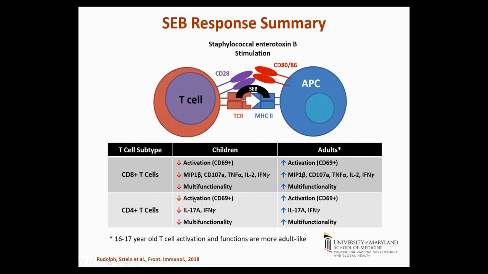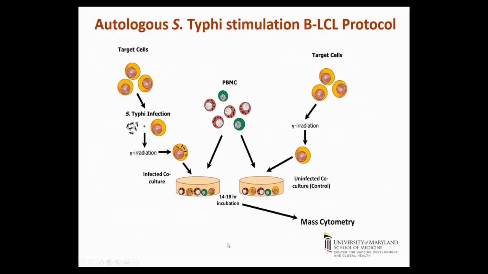And pretty much the same effects over age are observed with regard to the CD4 positive cells. And this is what I just mentioned, that in 16 and 17-year-olds, T cell activation and function are already more adult-like.